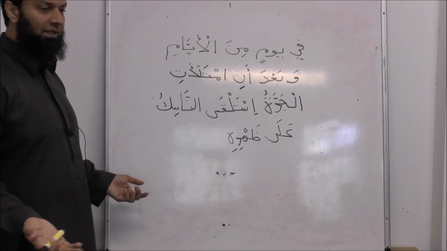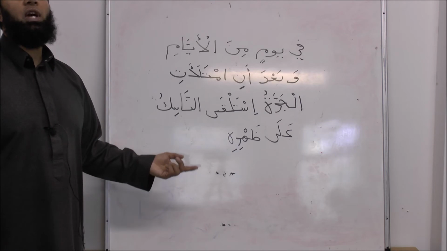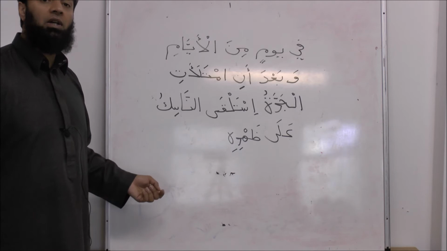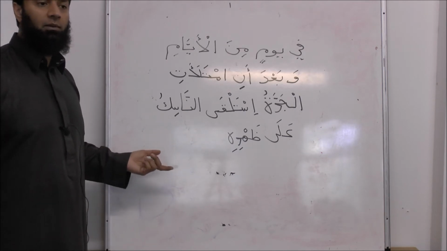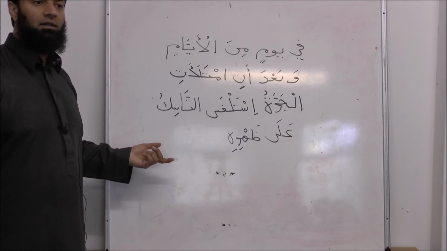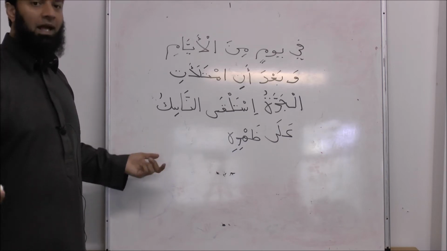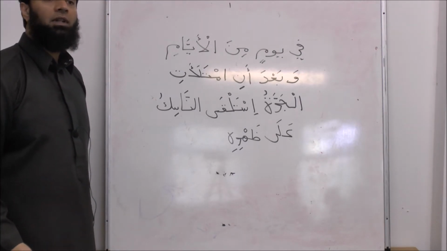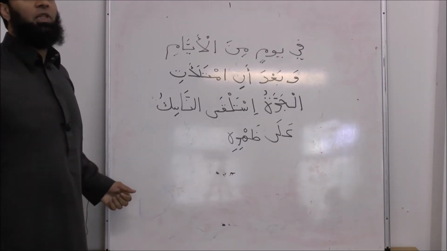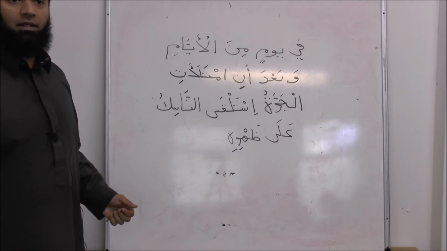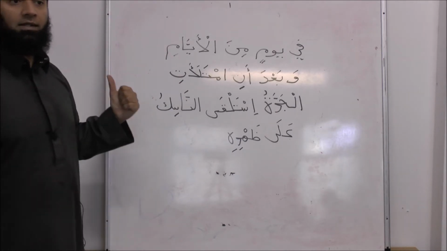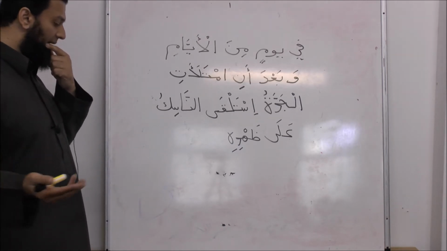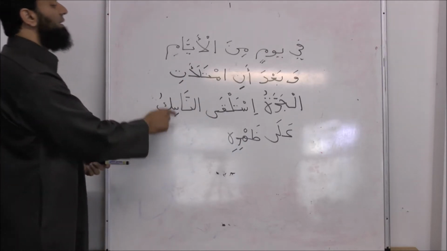What does dhahrun mean? How do you lie down? On your back. So dhahrun means a back, and dhahrihi means his back. Ala dhahrihi. So istalqa an-nasiku ala dhahrihi.